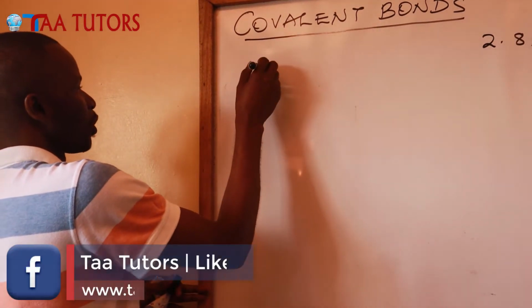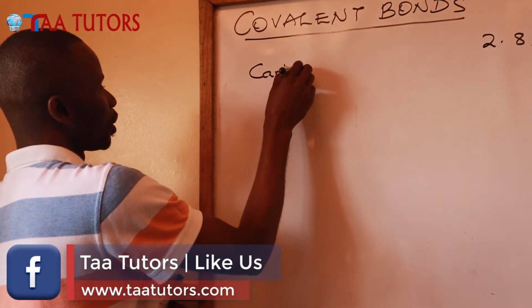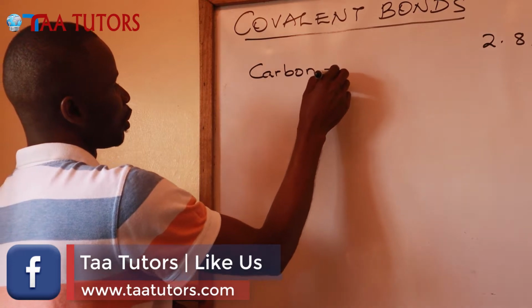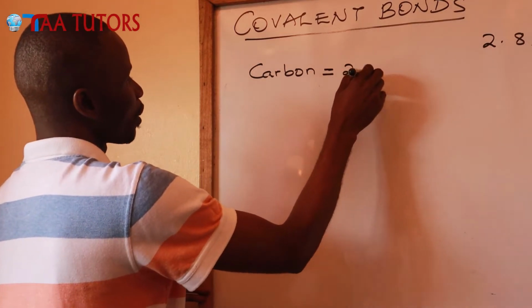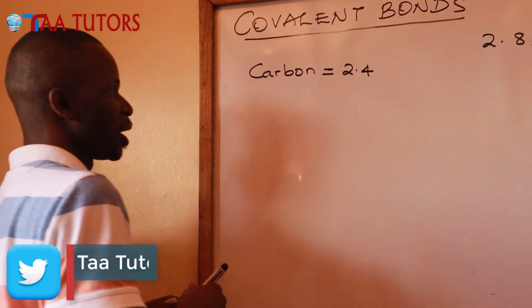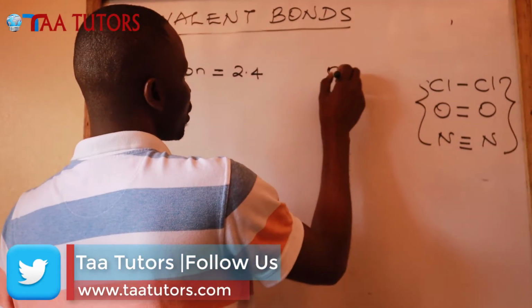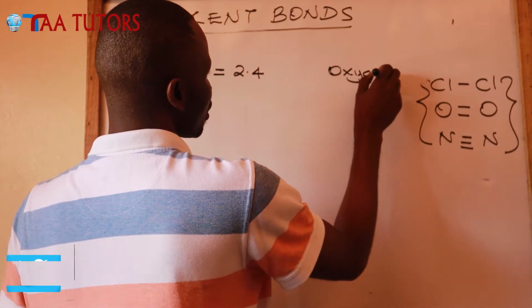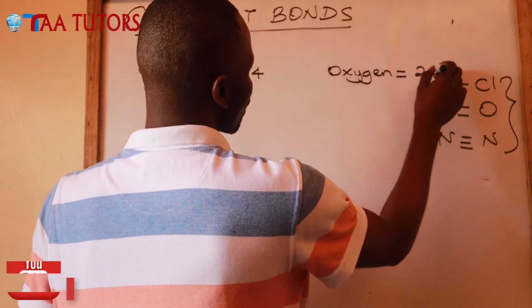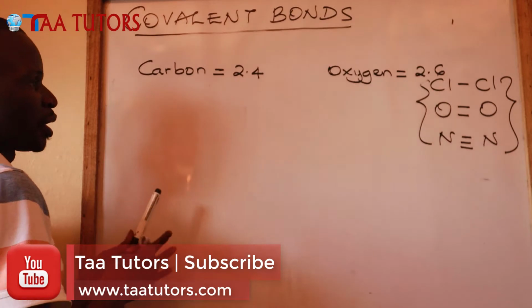And we know that carbon is number 6, which means it is 2, 4. There are 4 electrons in the outer energy shell. And oxygen is number 8, which is 2, 6 in the outer energy shell.